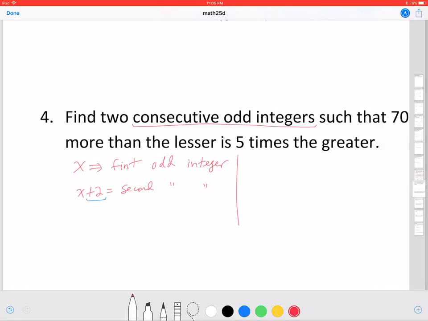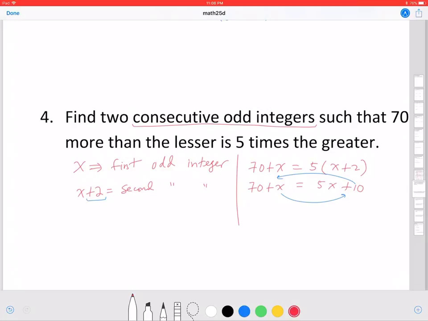It says 70 more than the lesser. Lesser is the x. So 70 more than the lesser is equal to 5 times the greater. Greater is x plus 2. You've got to have the parentheses. Okay, and solve this equation. So 70 plus x is equal to 5x plus 10. And let's transfer x to this side, 10 to this side.